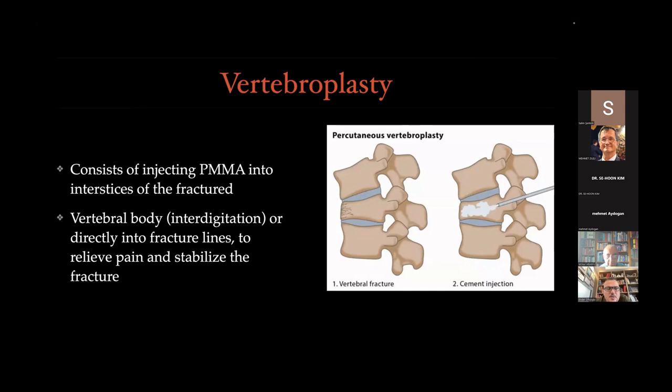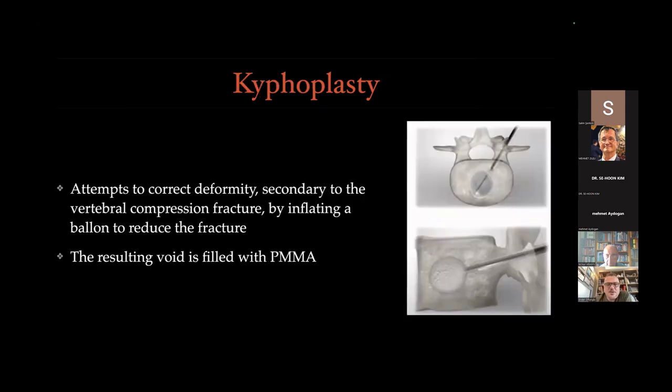Vertebroplasty consists of an injection of PMMA into the interstices of the fractured vertebral body, or directly into fracture lines, to relieve pain and stabilize the fracture.